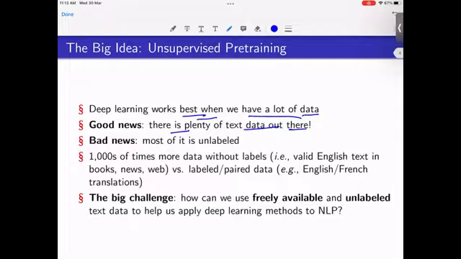So we know that deep learning works very well when you have lots of data, and we can expect this success in vision to translate to NLP. But there is a subtlety, or bad news: most of it is unlabeled. It's not only the huge amount of data, labeled data is also important, right?